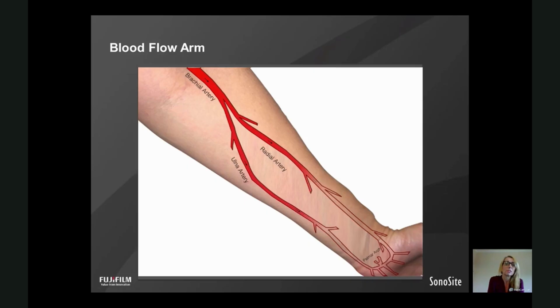Prior to making a fistula, the blood flow in the arm arteries, as I said before, travels from an area of low resistance to an area of high resistance.